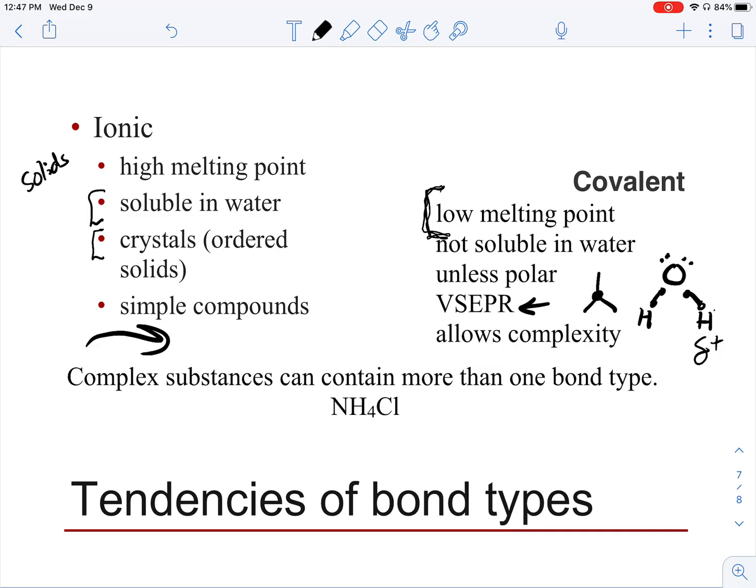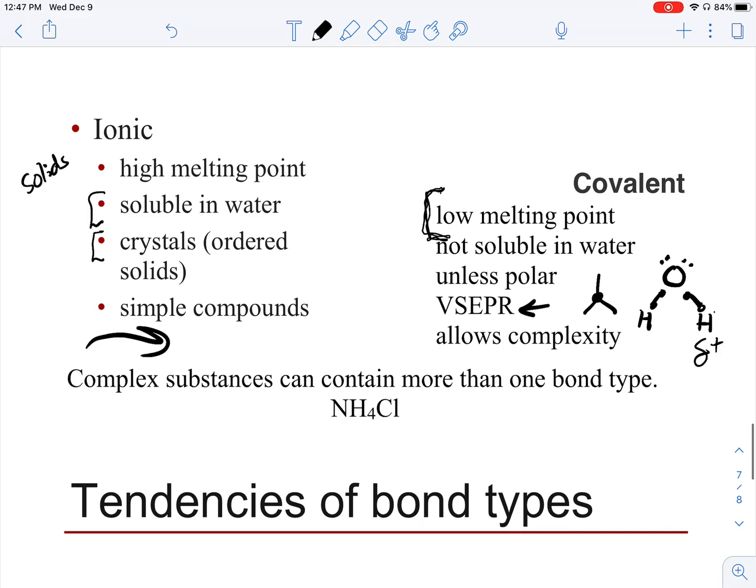So in the case of ammonium chloride down here, the ammonium group with its 4 hydrogens, these are all covalently bonded together. So that's a strong little group there, NH4. So the hydrogens are very strongly connected to the nitrogen, but that group carries an overall positive charge.